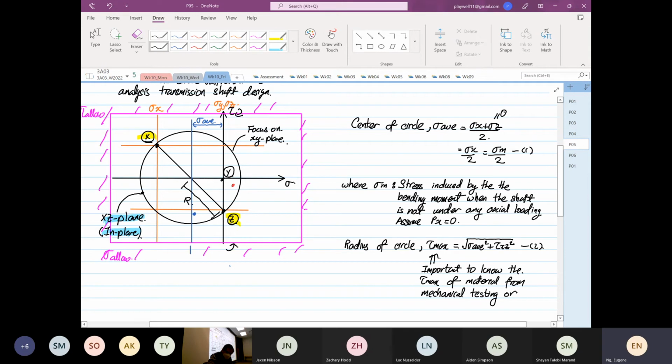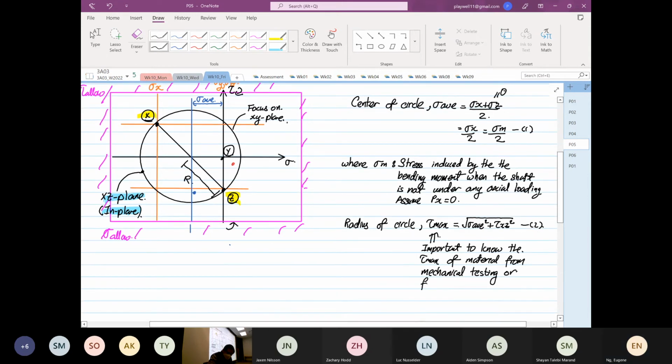Okay, or you can get it from where? Material handbook. Okay.